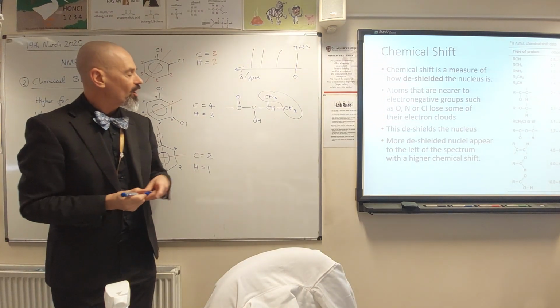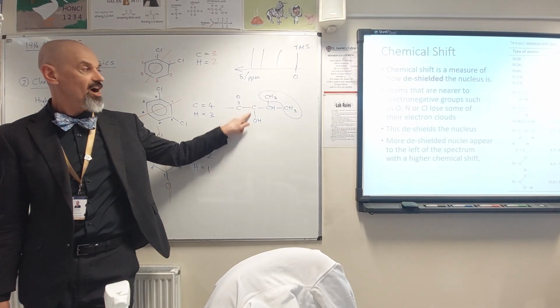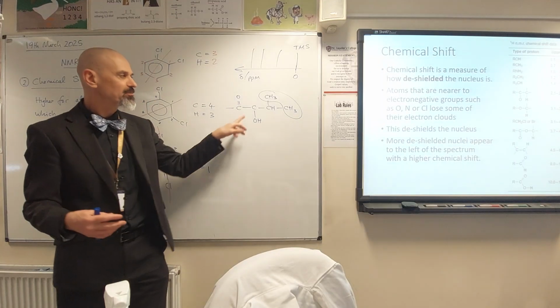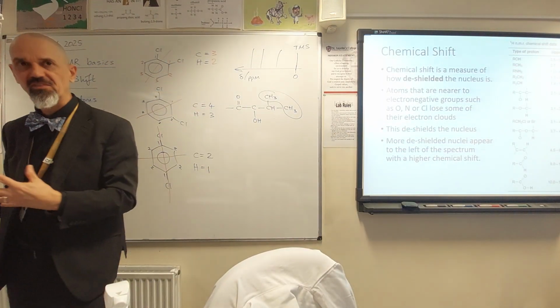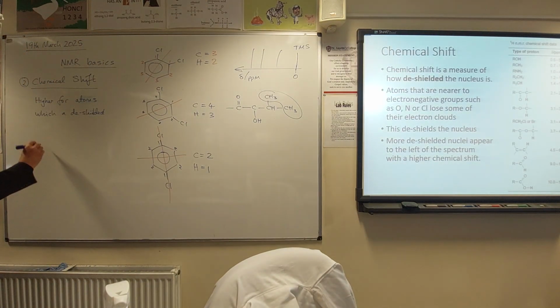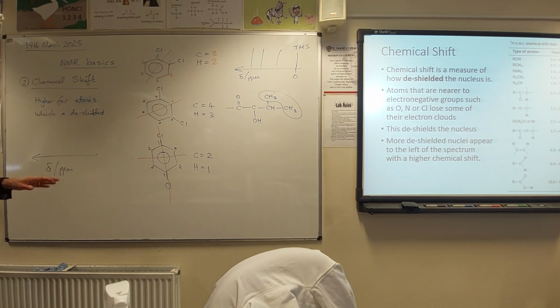Which happens when you've got an atom next to an electronegative group, like an OH or a carbon next to an oxygen. The oxygen withdraws electrons away. That tends to pull away the electron cloud, the shielding around the nucleus, and leaves us with a slightly de-shielded nucleus. And the de-shielded nuclei tend to be to the left in terms of chemical shift.